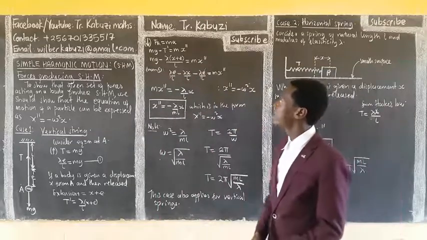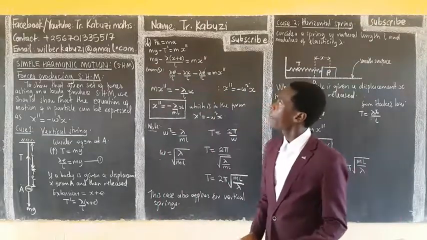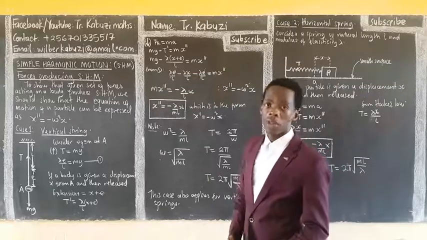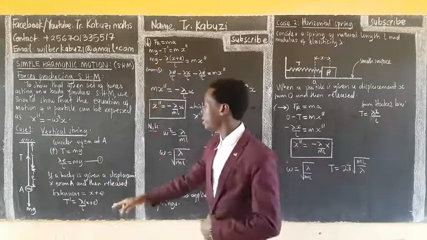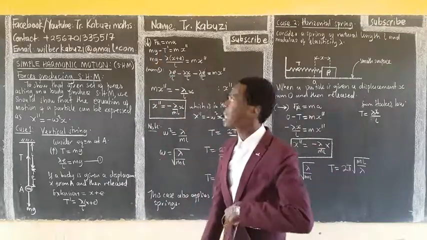Now we're using Newton's second law. It means that the resultant force is equal to the mass times acceleration. I'm considering this part when I'm giving it another extension.